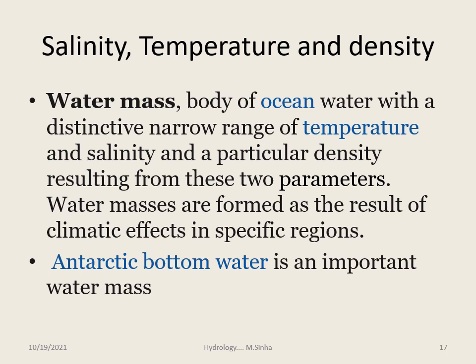We can take an example of that. Atlantic bottom water is a very important cold water mass. So the formation of water masses and ocean currents is directly related to the water density of the ocean, and that density is determined by the halocline line and thermocline line. The halocline line is related to salinity and the thermocline to temperature.